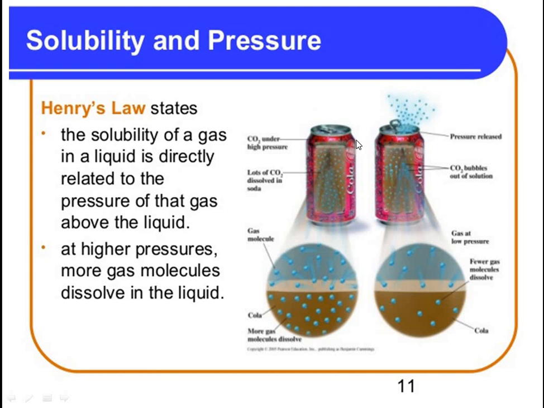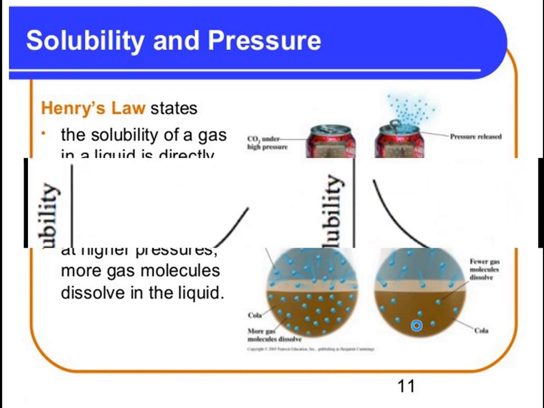We can easily see that when the seal is closed, the carbon dioxide is dissolved in the liquid. The moment we open it, the carbon dioxide gets evolved, producing a fizz-like sound, and the solubility of carbon dioxide in the liquid simply decreases.